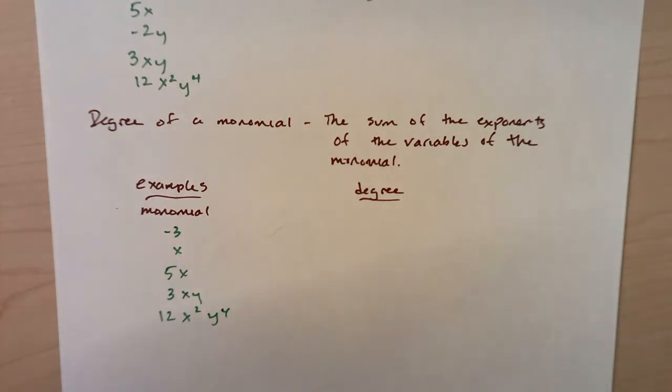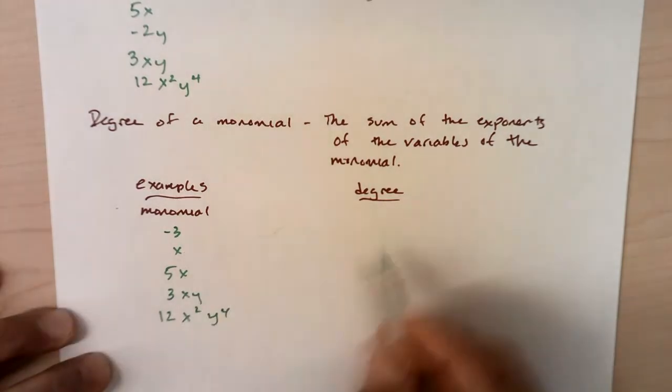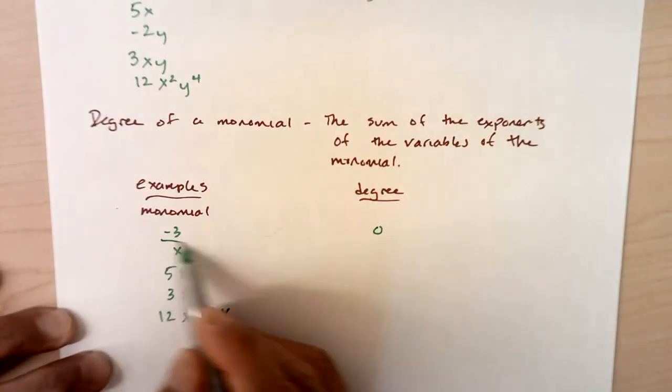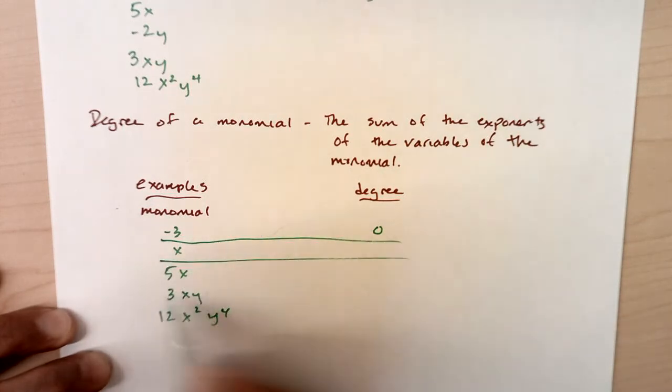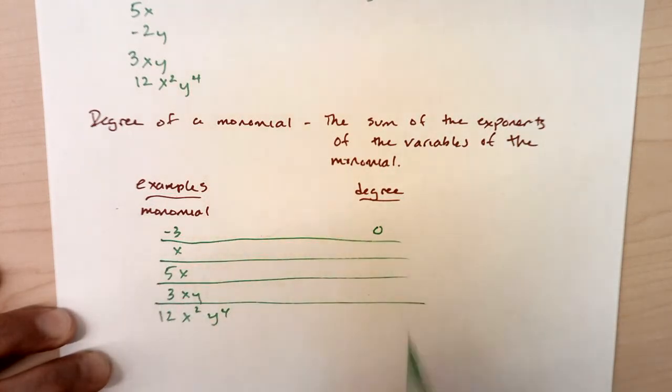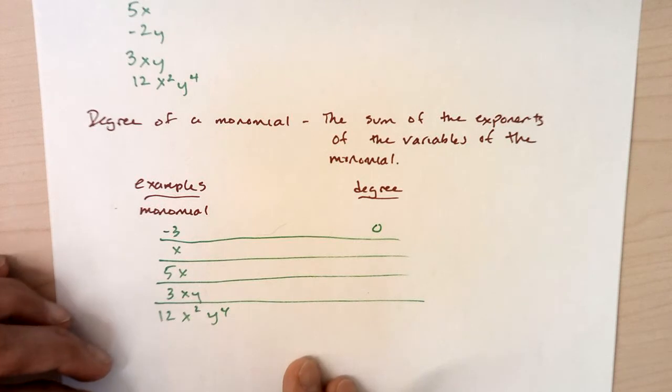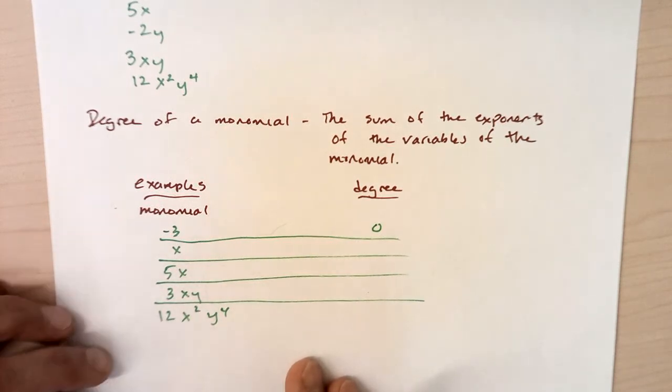So the degree of a constant, -3, there's no variable there. If I did put a variable like x, if you remember a property of exponents, it would actually be to the 0 power. So the degree of a constant is actually 0. I'm going to line this up so we can see. Sorry about the non-straight lines, but just to match everything up so you know which degree goes with which monomial.